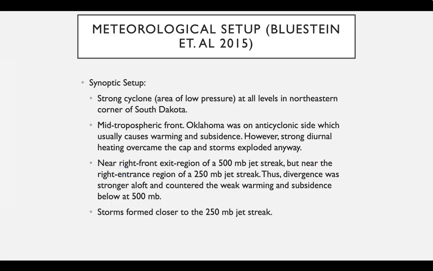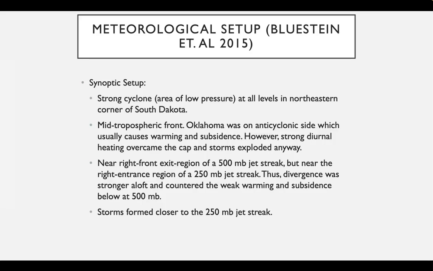Okay, so first the meteorological setup. This is taken from a paper by Howie Bluestein and colleagues from 2015. So the synoptic setup, there was a strong area of low pressure in the northeastern corner of South Dakota.